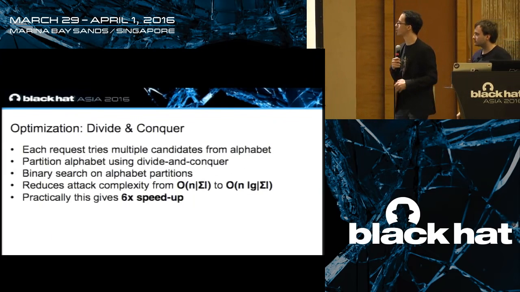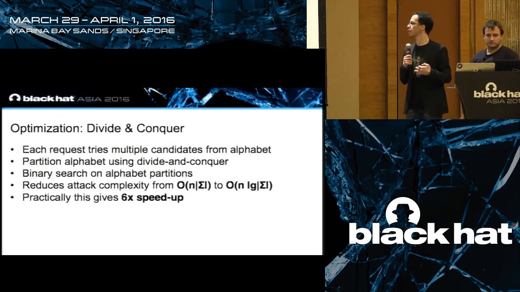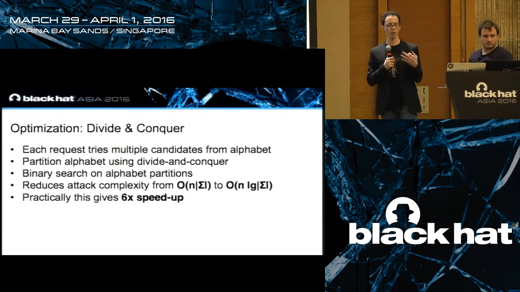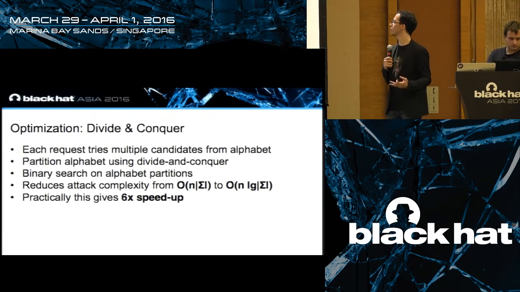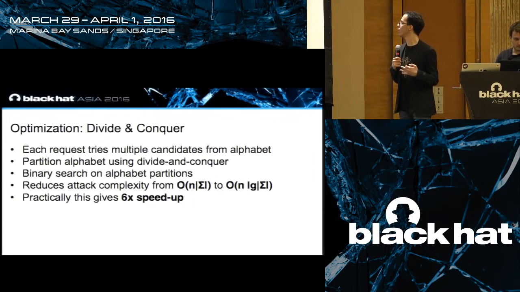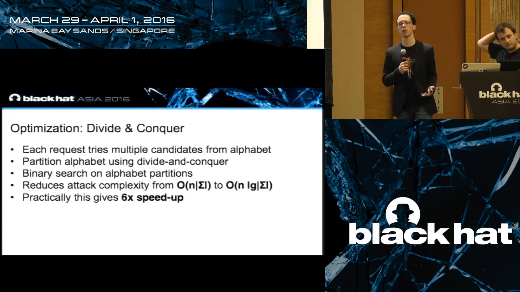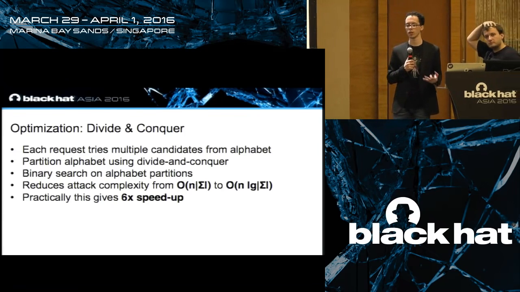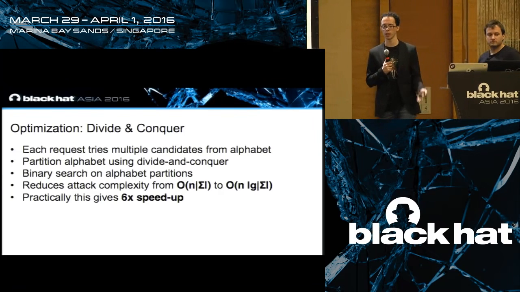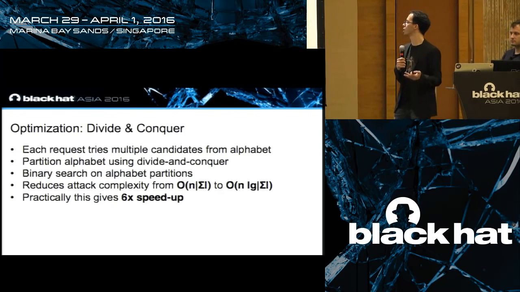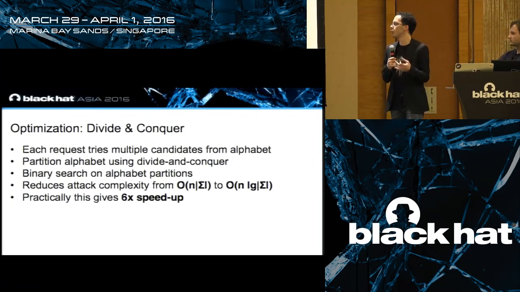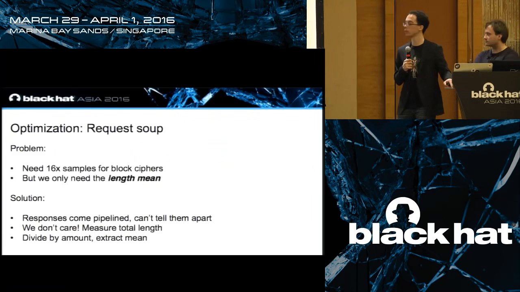What this technique actually does is reduce our complexity from big O n times sigma to big O n times log sigma. So in case we have an alphabet of, say, 64 symbols, like uppercase letters, lowercase letters, digits, and hyphens, this would practically give us a 6 times speed up.